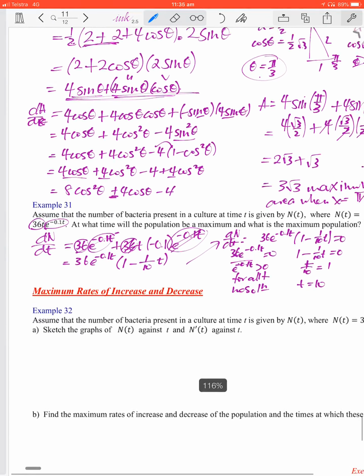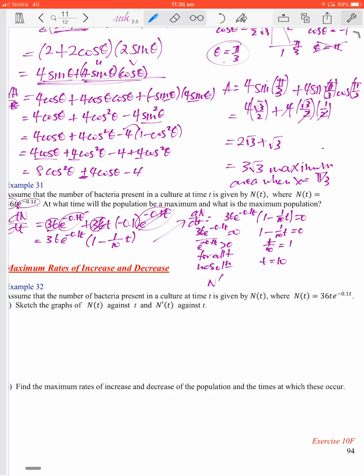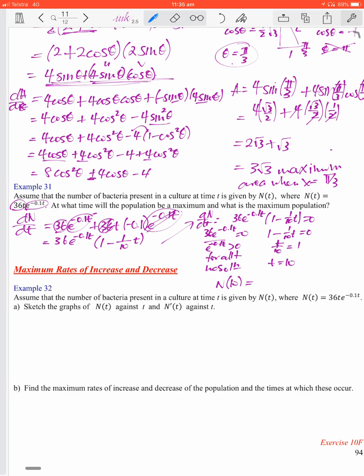What is the maximum population? Well, we know n of 10 is equal to 36 times 10 times e to the negative 1 on 10 times 10.